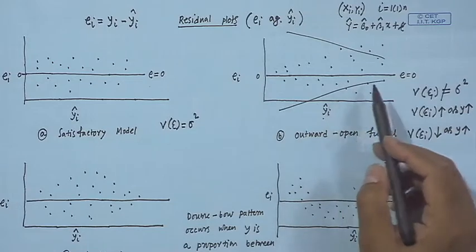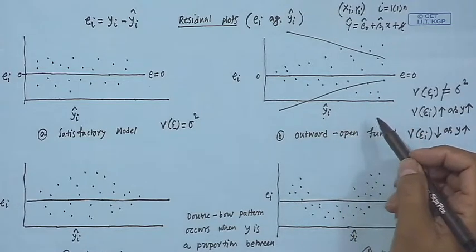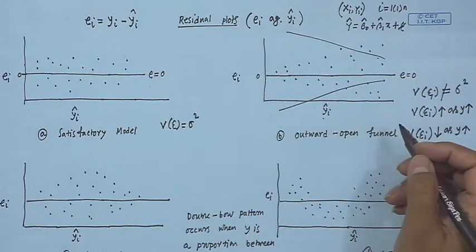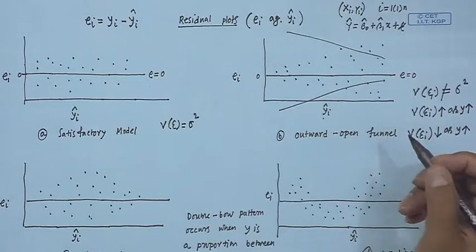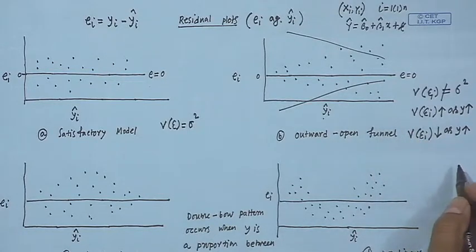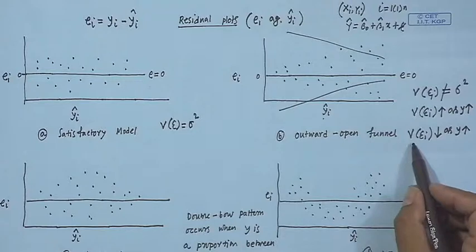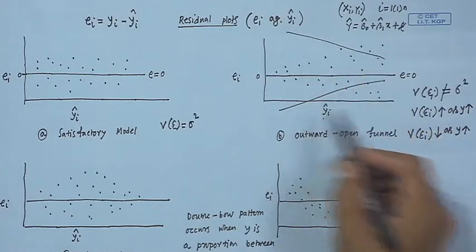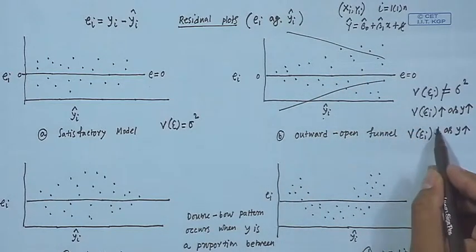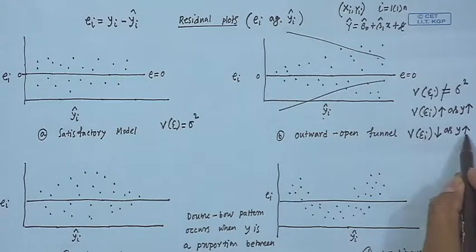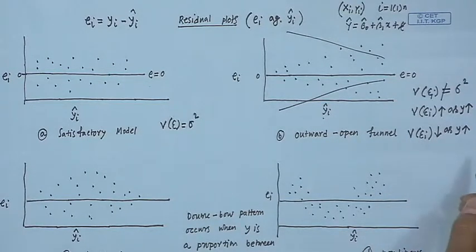So, in that case also the constant variance assumption is not satisfied, and in case of inward open funnel, we say that variance of epsilon i decreases as y increases. And the other situation could be, this is called double bow.